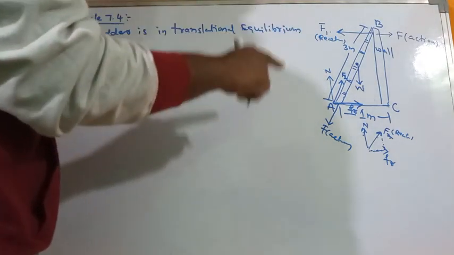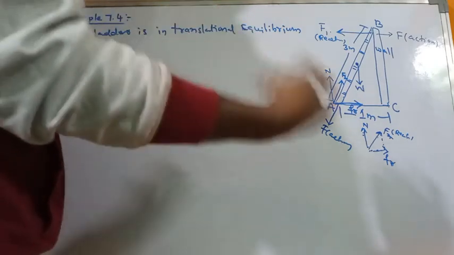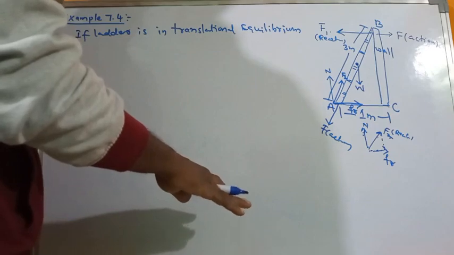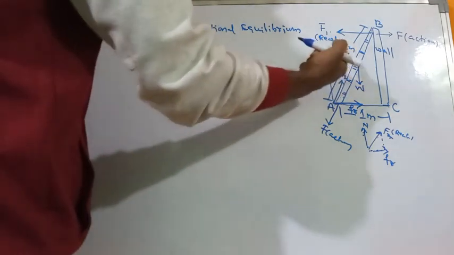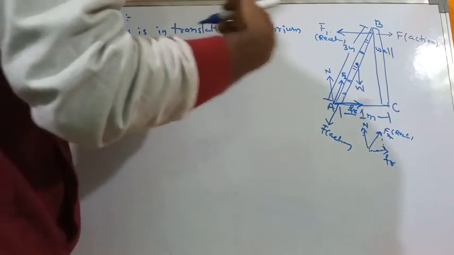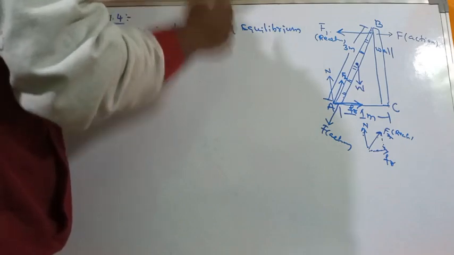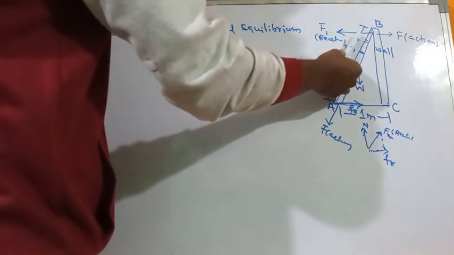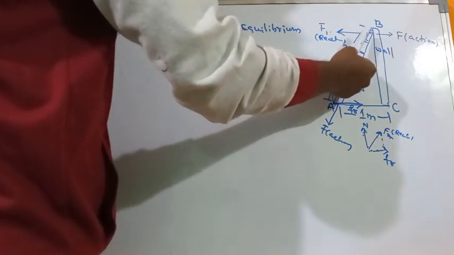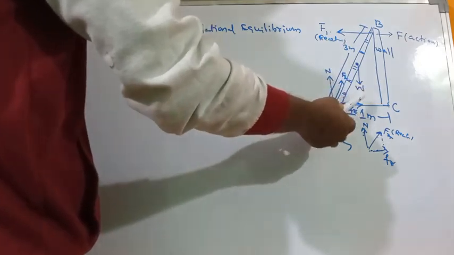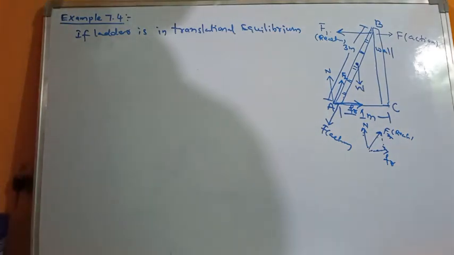Translation means it may be moving along the x-axis, positive or negative, or upward or downward, that is along the y-axis. So what forces are acting in the direction of x and in the direction of y? Some forces are acting along the x-axis and some along the y-axis. The y-axis I am taking as the vertical direction and the x-axis as the horizontal direction.